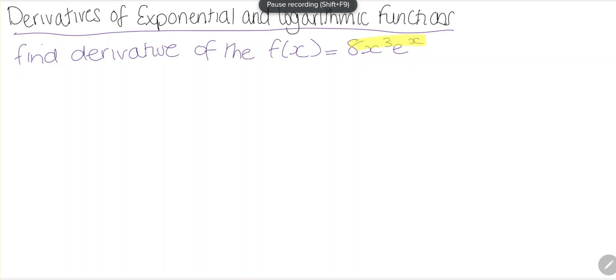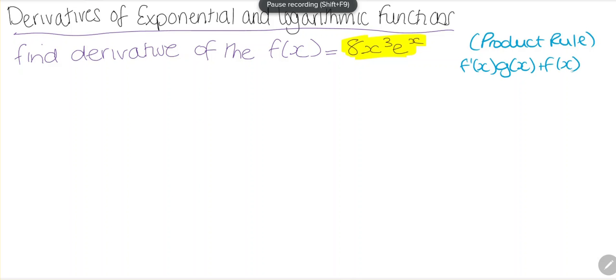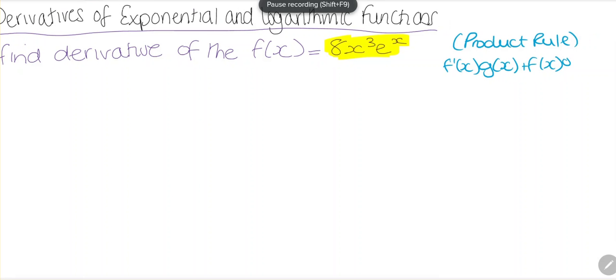So when we have two terms multiplied together, we need to use the product rule. So the product rule: f prime of x multiplied by g of x plus f of x multiplied by g prime of x.